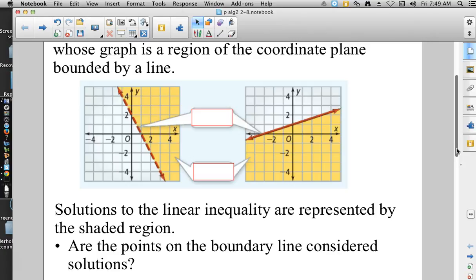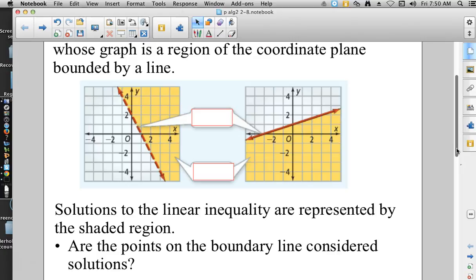So we solve these graphically because we want people to see, hey, it's all these things that we have. But we notice there's a difference here, kind of like that last problem with the similarities and the differences. And we say, wait a minute, this one's dashed and this one's solid. What's up with that? Well, if it's on the solid line, these are actual solutions to the graph. They work. That's what the solid means.